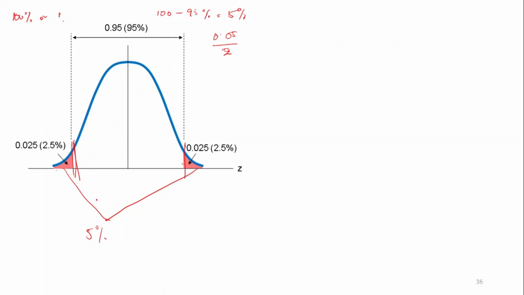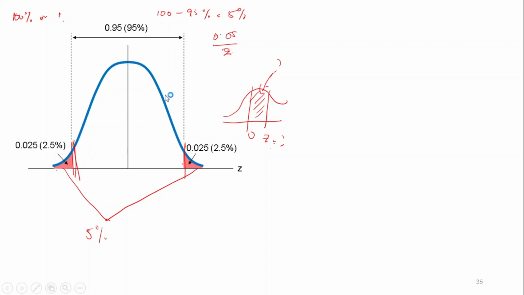Now if you refer to the 0 to Z table, the probability is between zero and Z, so you need to find this probability and then you will know the Z value.